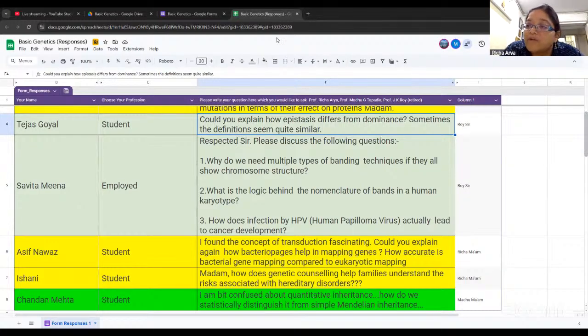See, when we are using the word epistasis, we are talking about interaction between genes. When two or more genes are interacting with each other, and we want to understand the relationship between these genes, that is called epistasis. Whereas dominance is about the allele. You have capital T and small t, tall plant and dwarf plant. Those are the same gene, but two different alleles.